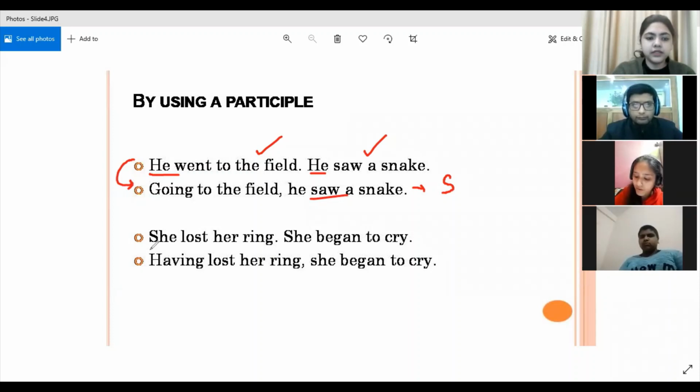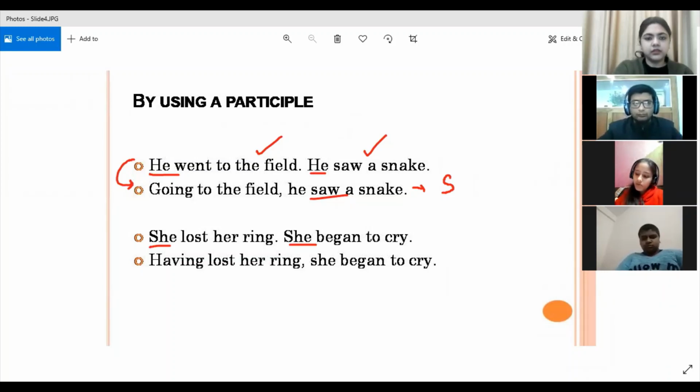Again the subject in both the sentences is the same. Having lost her ring, she began to cry. This is how you can combine two simple sentences into a simple sentence by using a participle, when you have the same subject in both the sentences.